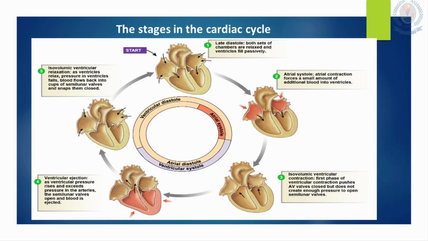So in atrial systole, what happens there? Both atria contract and force the blood from the atria into the ventricles. And in ventricular systole, what happens? Both ventricles contract, and blood is forced to the lungs via the pulmonary artery.